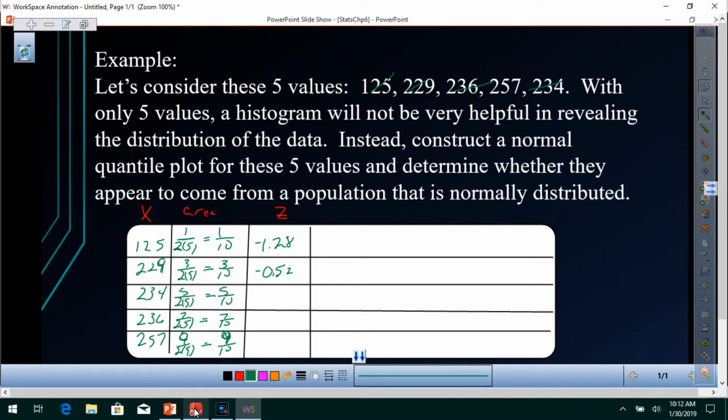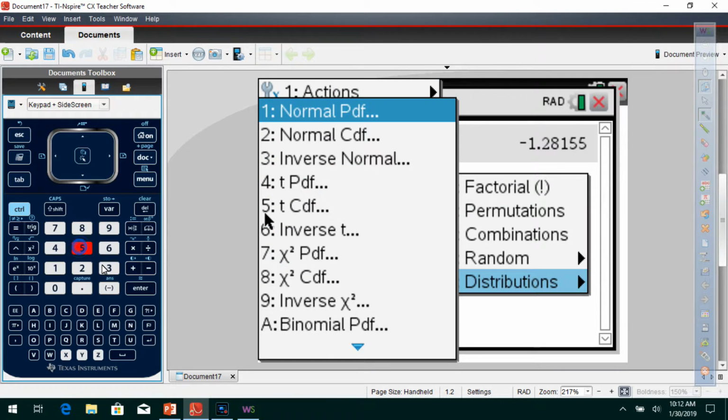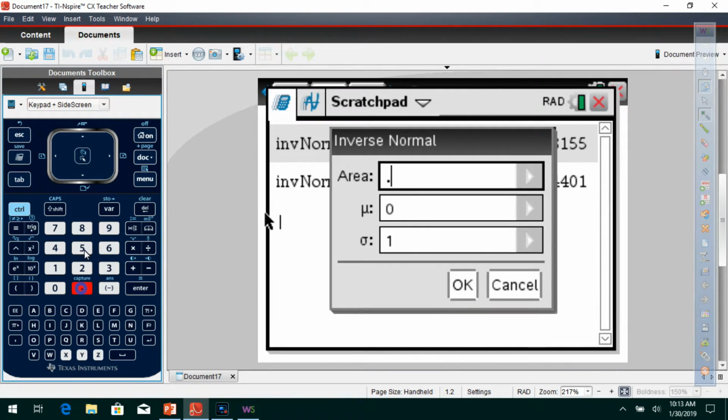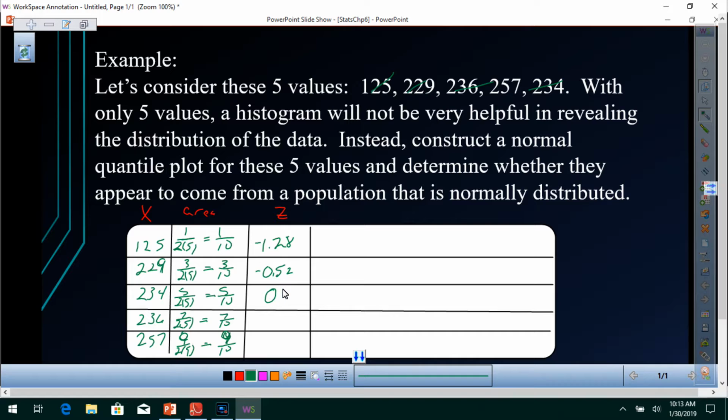So what do you think that's going to be? Menu 5 5 3, and it's 0.5. Yes, 0. And remember, the standard normal curve is symmetric. So this is going to be 0.52, and this is going to be 1.28.